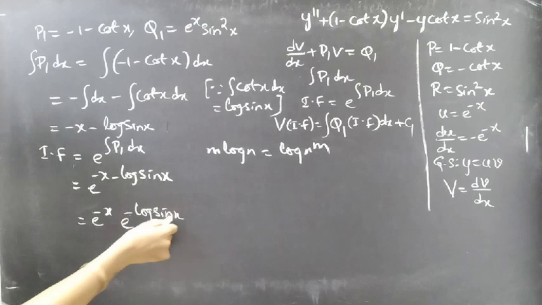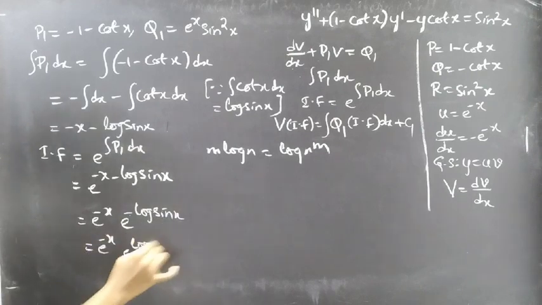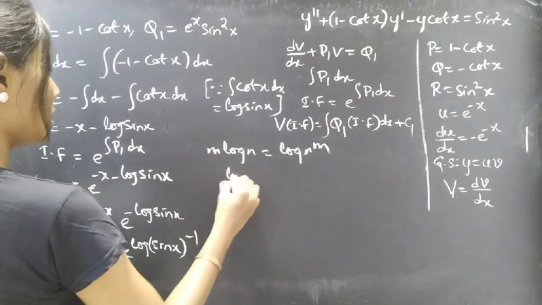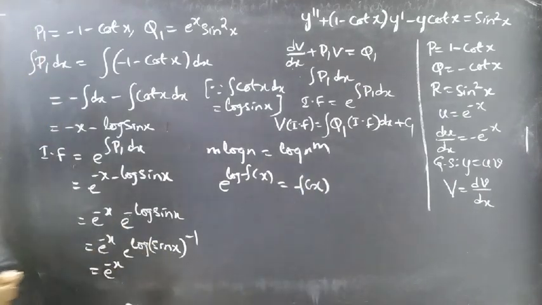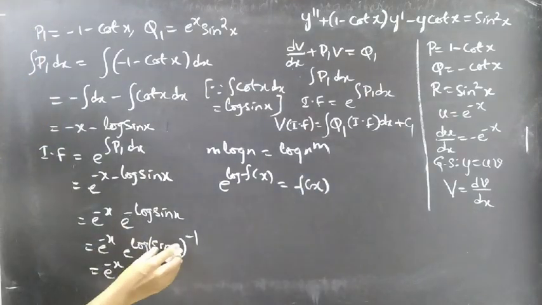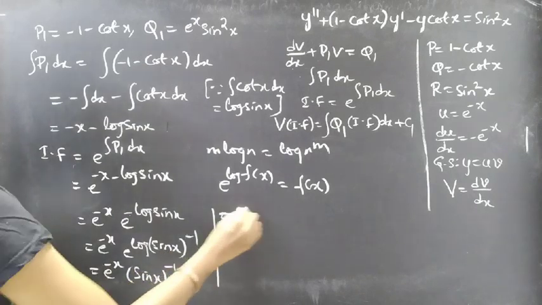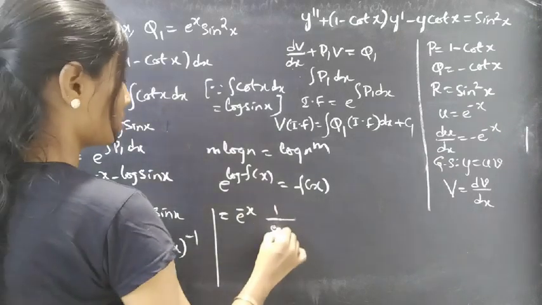So we can write minus log sin x as log sin x whole inverse. Also we know that e power log of some function of x equals the function of x.